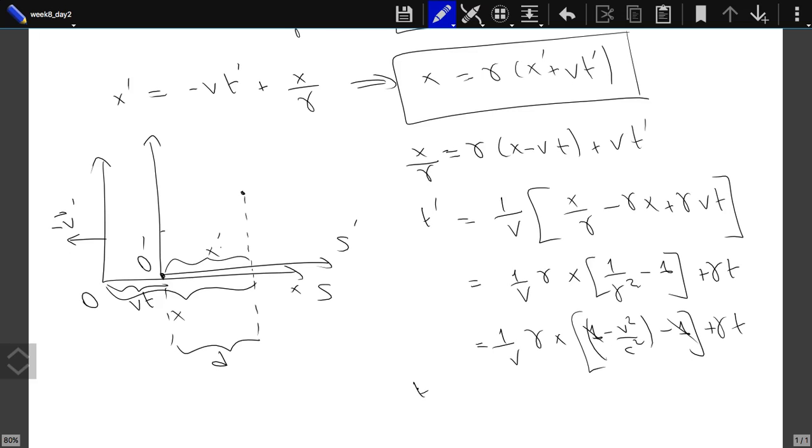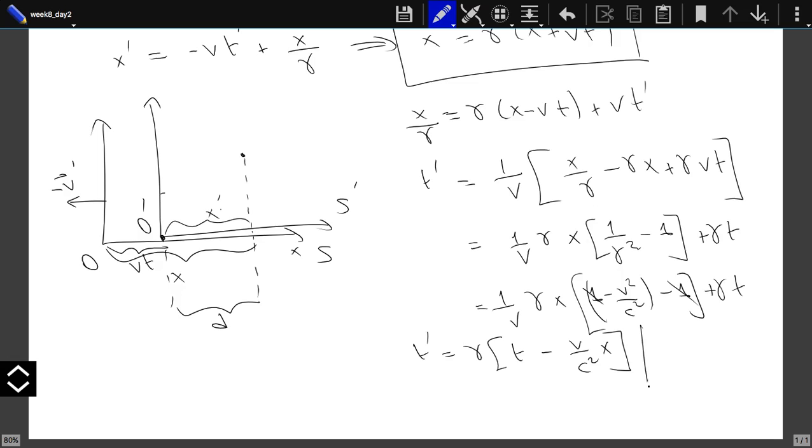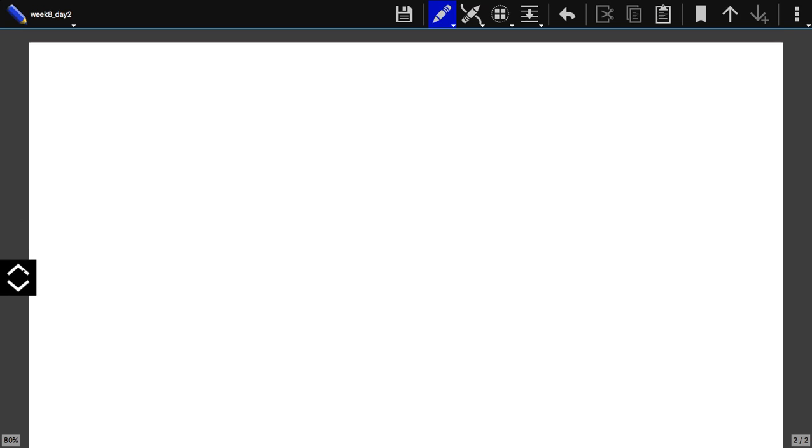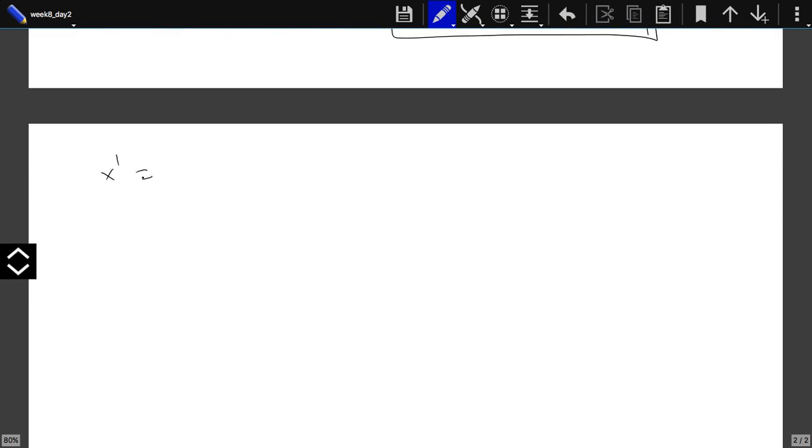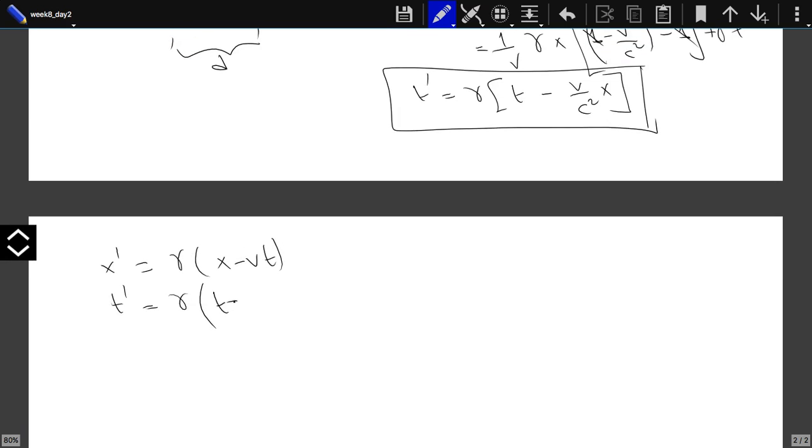Ones cancel, so t prime is gamma times (t minus v over c squared x). So this is my t prime. Let me just collect them. x prime is gamma times (x minus vt), and t prime is gamma times (t minus v over c squared x).